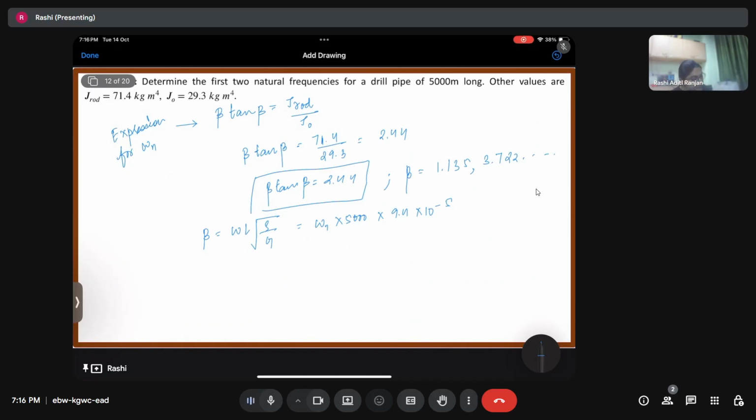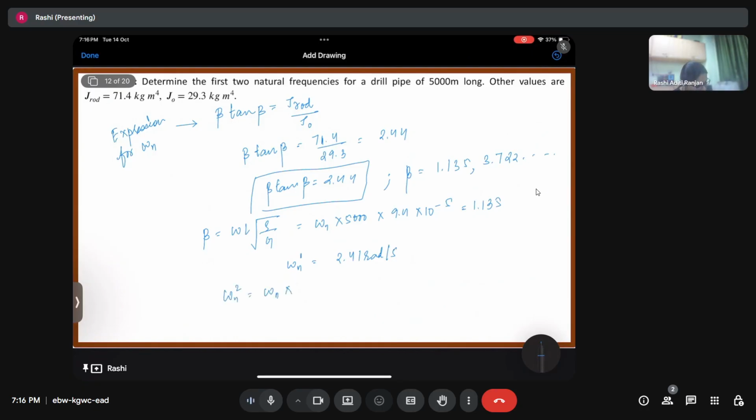Okay, and this is equal to what? 1.135. This will give us the value of omega n1 as 2.41 radians per second. Likewise, omega n2 is going to be what?